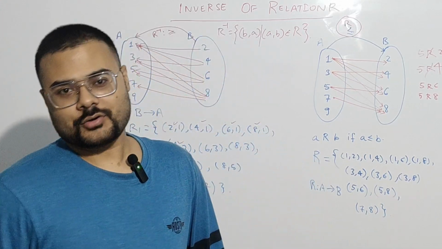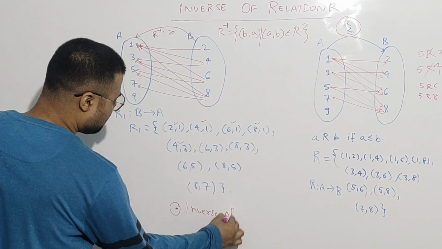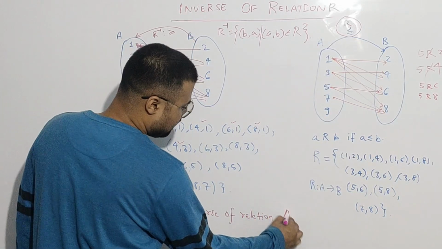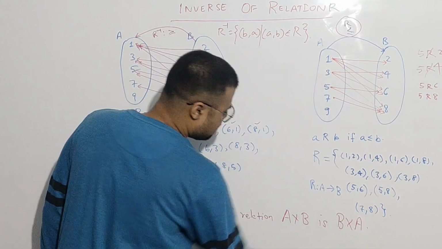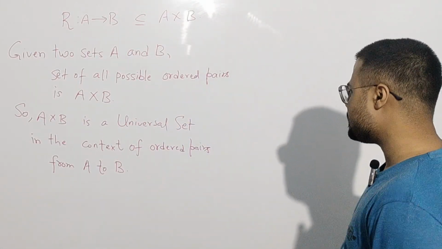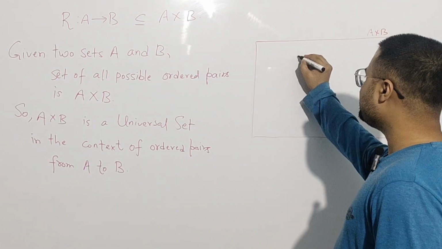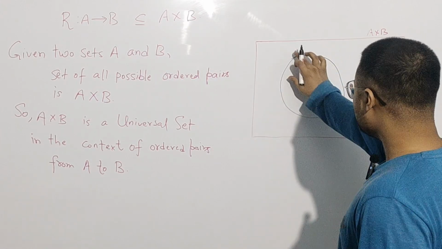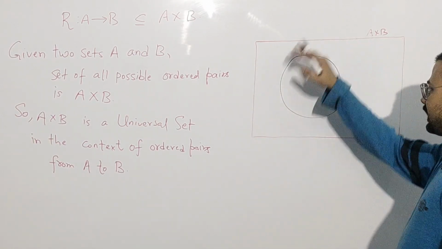The inverse of the relation A cross B is B cross A. A cross B is a universal set in the context of ordered pairs from A to B. Any relation R is going to be inside of this universal set A cross B. Any relation is a subset of A cross B, so any relation R is completely enclosed by this rectangle.